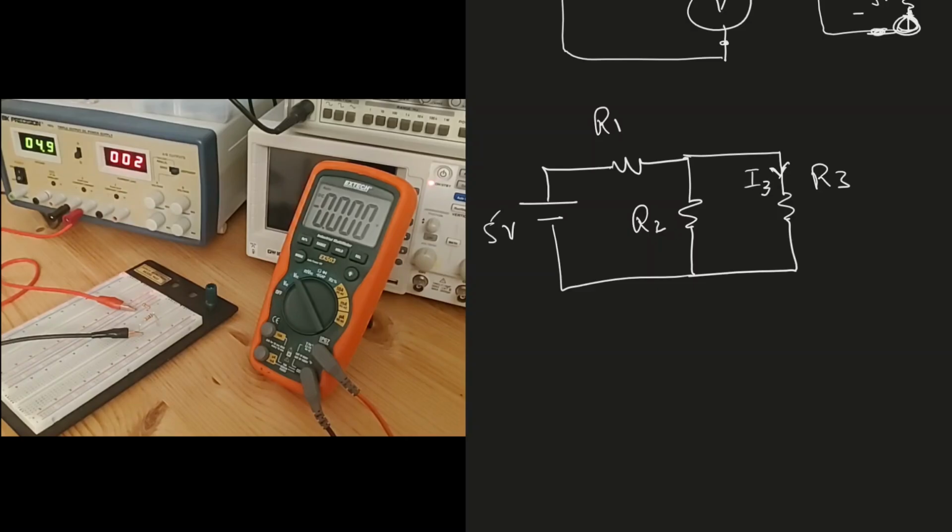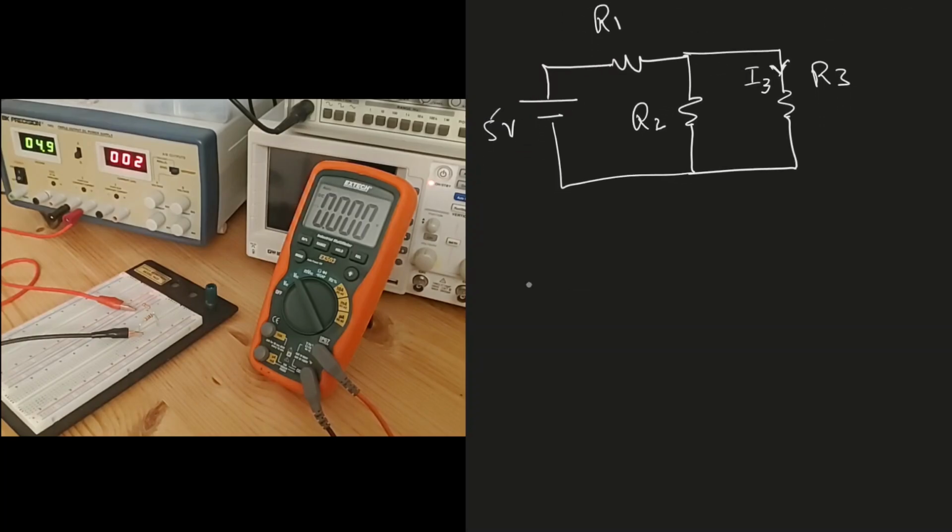If I want to measure I3, I will have to place my meter in such a way that the current through R3 and the current through my meter are the same. The same current has to flow in both of these components. Then my meter will give me the correct result. As we know, when two components are in series, they have the same amount of current flow.